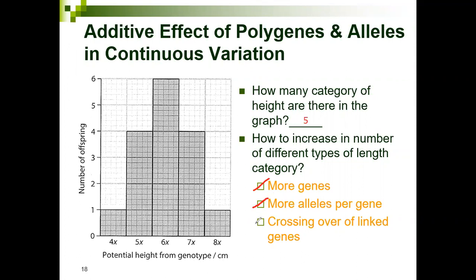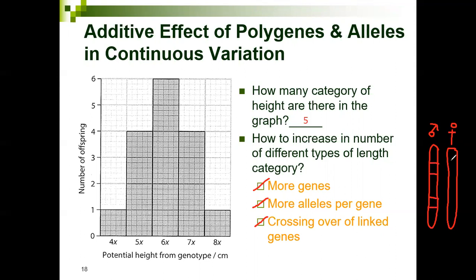Okay, and crossing over of linked genes will create new combinations. Let's say, for example, we have 2 genes. Let's say this is a paternal and maternal chromosome. So this is the paternal homologous chromosome, and this is the maternal chromosome. These are the genes coding for height, say 2 of them here.